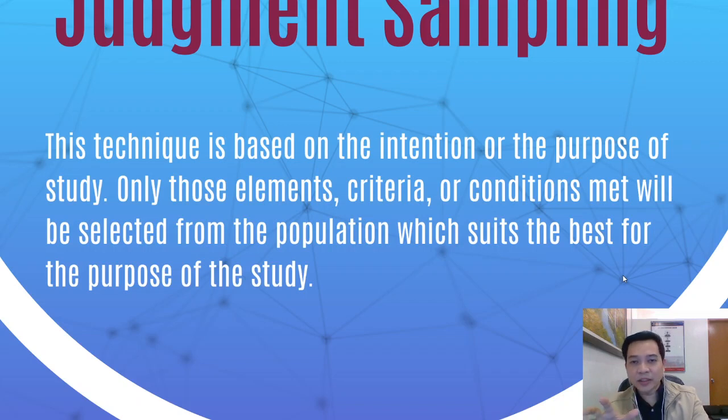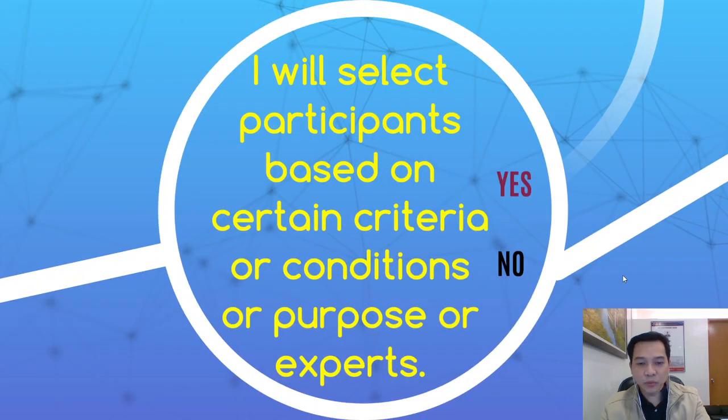So those principals who only have 1 to 4 years in service will not be qualified in the study. And that is a very specific condition and purpose of the study. So there's a judgment there. There's a criteria that you placed in order to select the target participant. Okay? So again, that's judgment or purposive sampling.